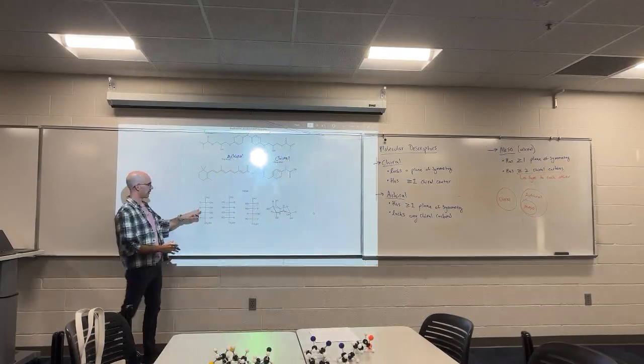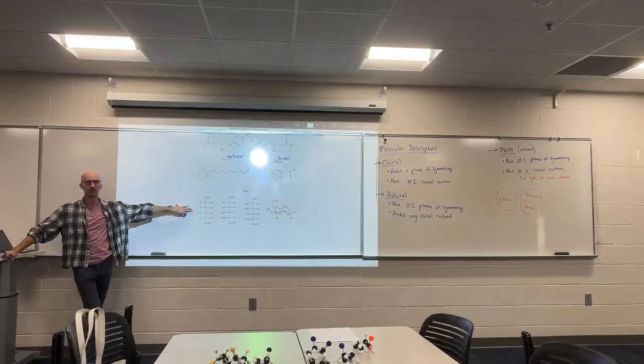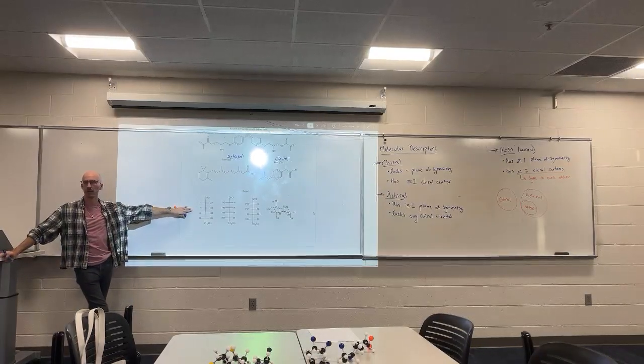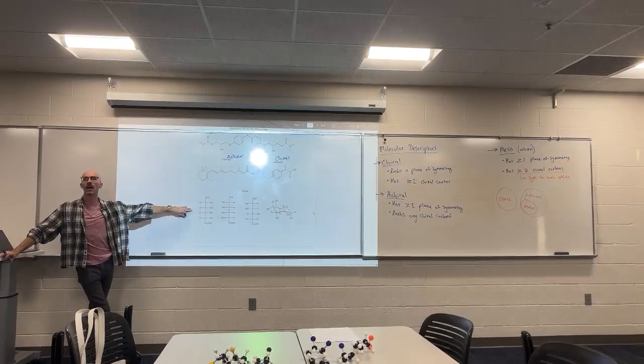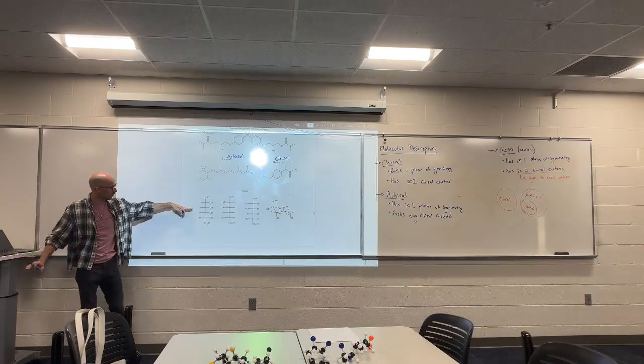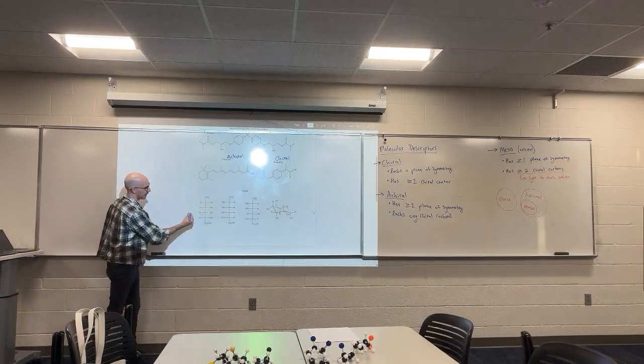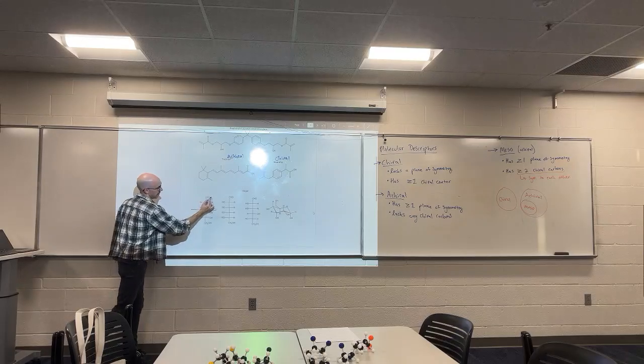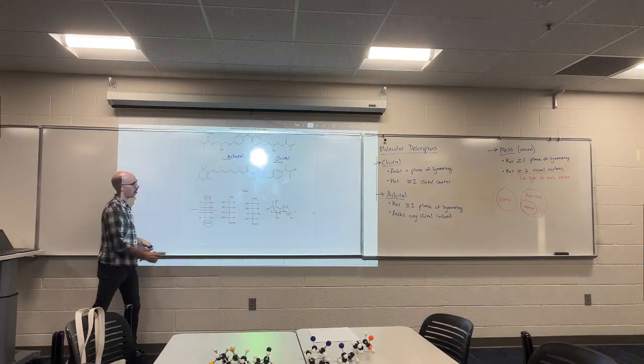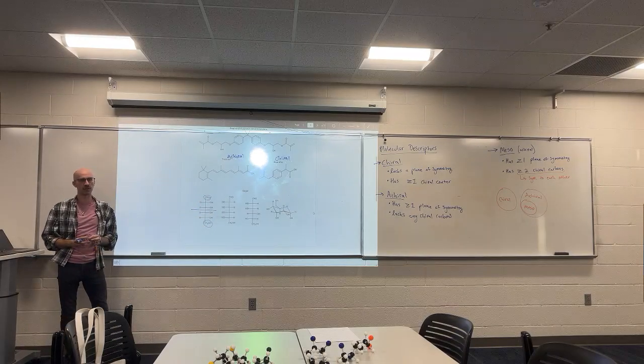How about this sugar on the left? Chiral, achiral, or meso? Which one is it not? It's not achiral. But we also said it doesn't have a plane of symmetry because this aldehyde and this alcohol do not reflect into each other.